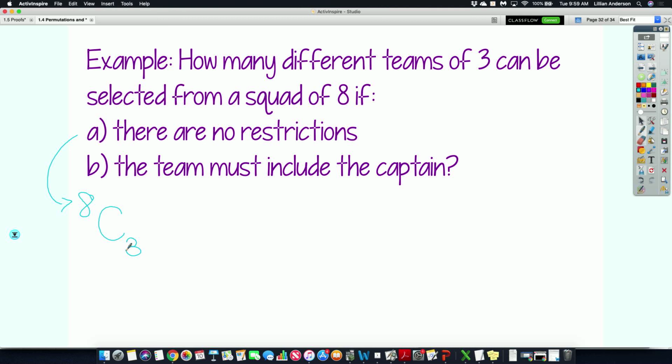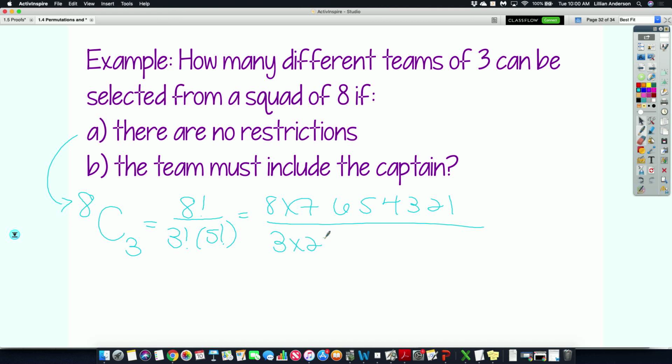Do I need a calculator here? No, because it's nothing but 8 factorial all over 3 factorial times 8 minus 3 factorial, which is 5 factorial. So that's 8 times 7 times 6 times 5 times 4 times 3 times 2 times 1, all over 3 times 2 times 1, 5 times 4 times 3 times 2 times 1. What do you see?